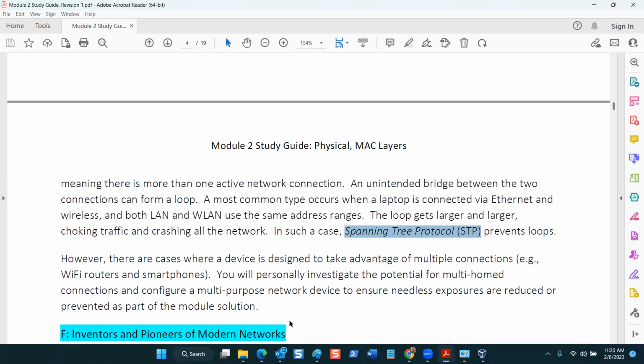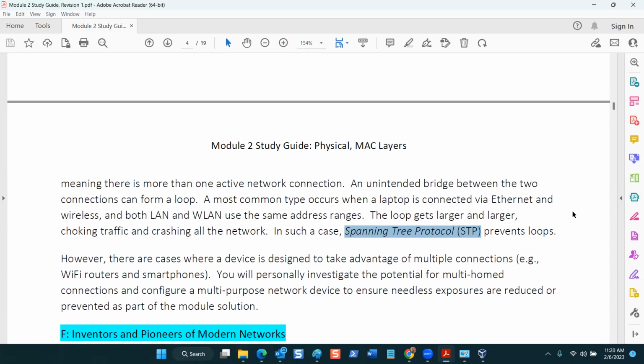True story, Albert Einstein campus, 2 or 3 years ago, an enterprising student in a dormitory was frustrated, plugged a Wi-Fi router into the Ethernet port in the room, set up a Wi-Fi network, fed out back through the Ethernet port in the room, and then there were dual connections. It was multi-homed. It created a loop.